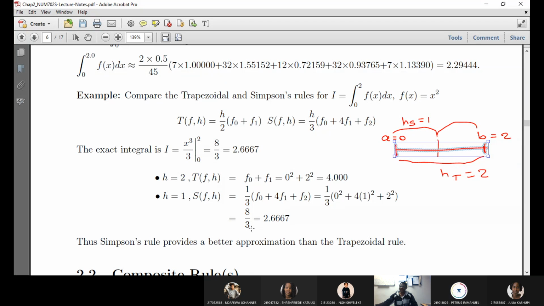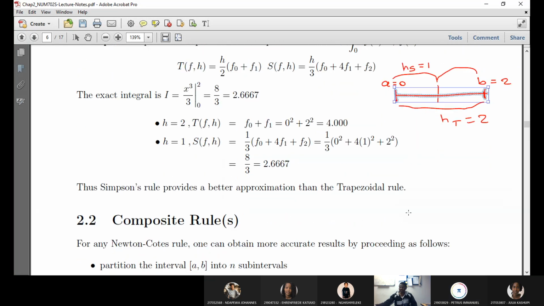Why does Simpson rule give us the exact value? We will see that later on. For now, we retain that Simpson rule gives us the exact value for x squared, not for an arbitrary function, but for a particular function of this form, x squared. Clear? Great.